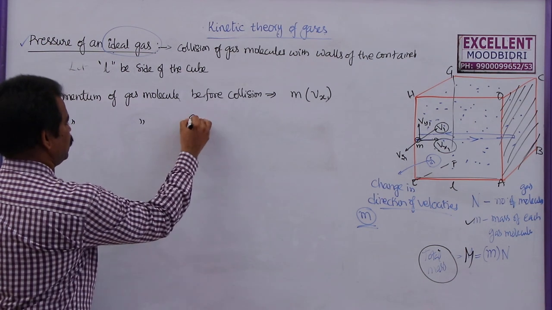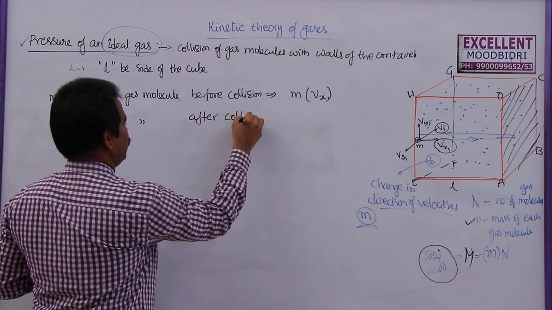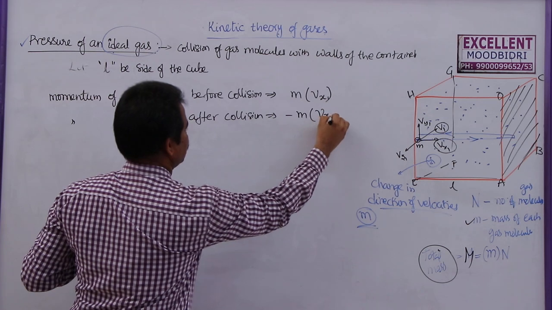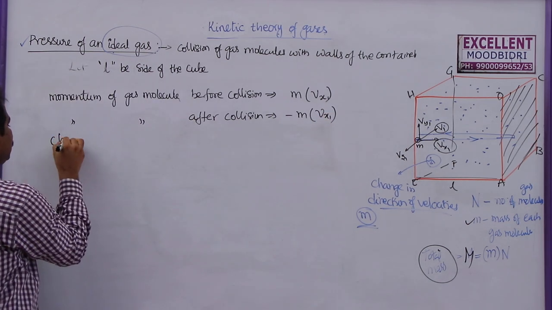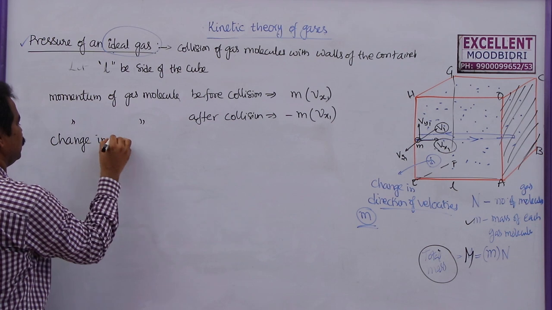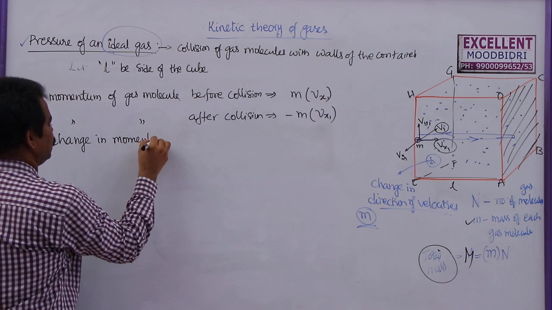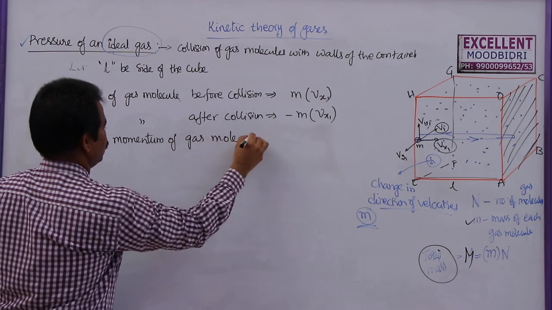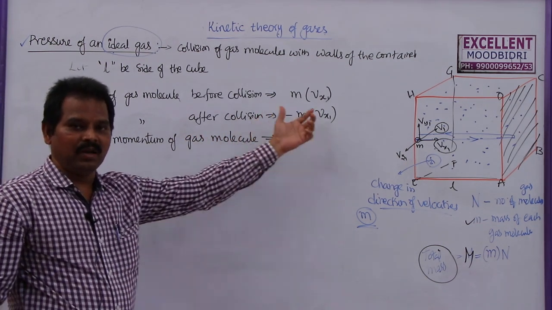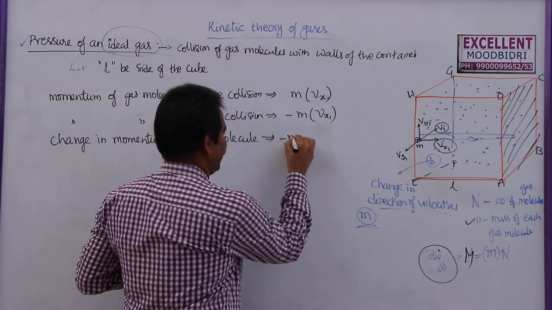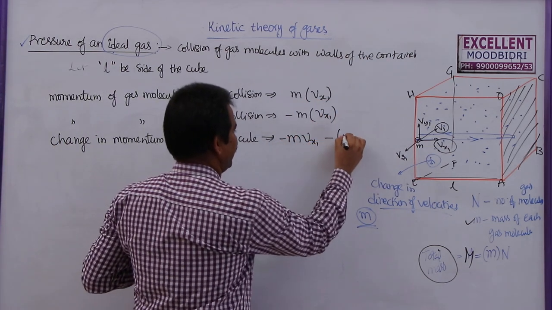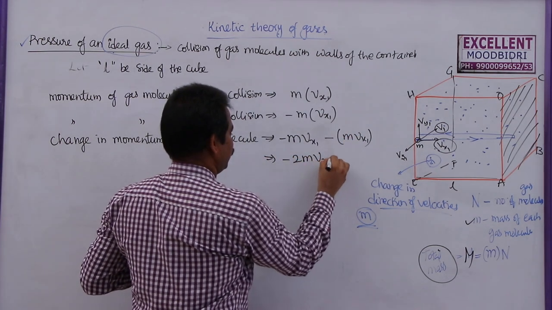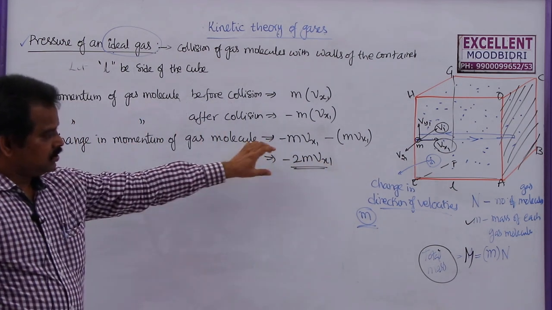Momentum of the gas molecule after collision is given by minus m vx1. So what is the change in momentum of the gas molecule? It is the final momentum minus initial momentum, minus m vx1 minus m vx1, which is minus 2m vx1. So this is the change in momentum.